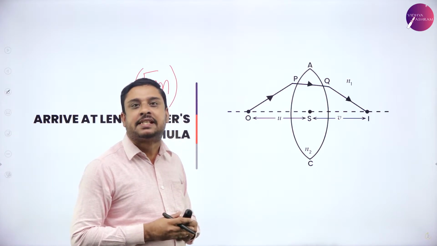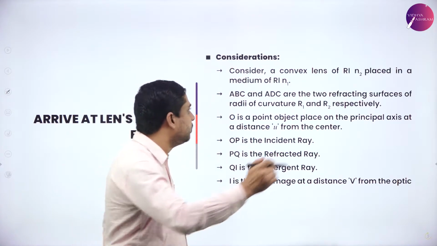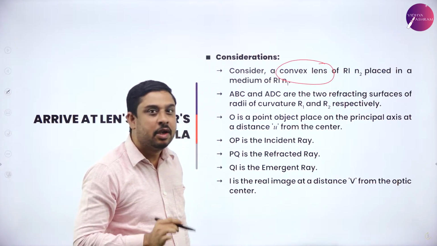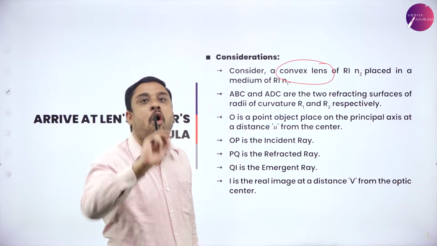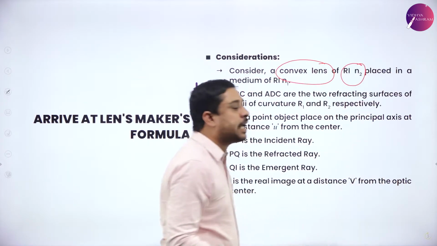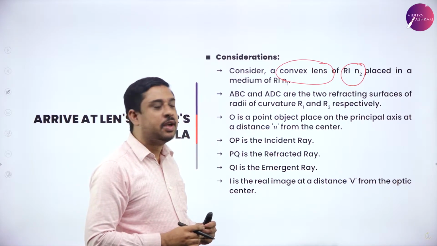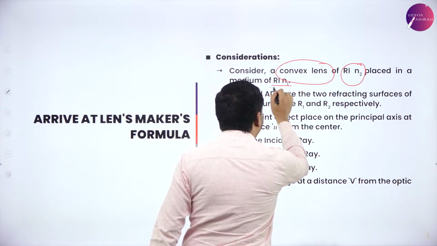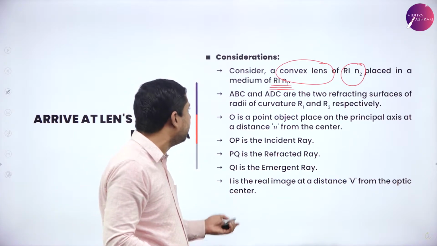Now, we go to the considerations of this derivation. I consider a convex lens of refractive index N2, which is placed in a medium of refractive index N1.